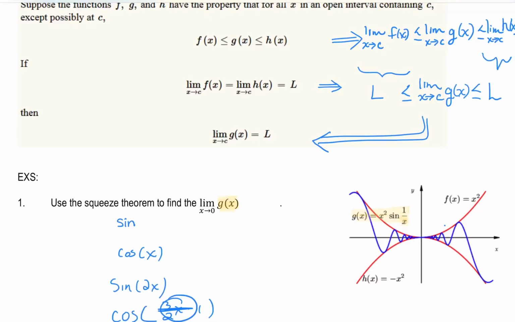Cosine of any theta, sine of any theta. Think about the unit circle. Think about the graphs of sine and cosine. For any input x value, the outputs always range in between -1 and 1.